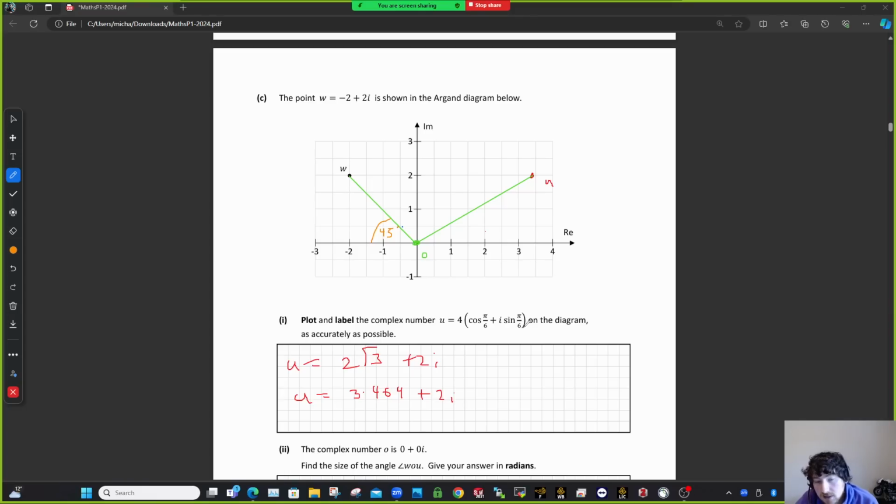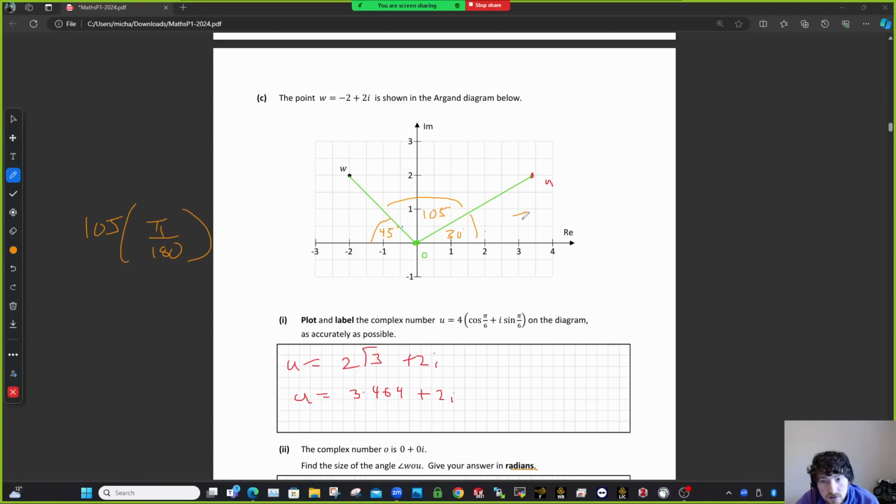Now, pi over 6 is 30 degrees. I'll do this in degrees first, and then in radians, which it's supposed to be in. Take them away from 180 and you see that's 105. You can convert that into radians: 105 multiplied by pi over 180.